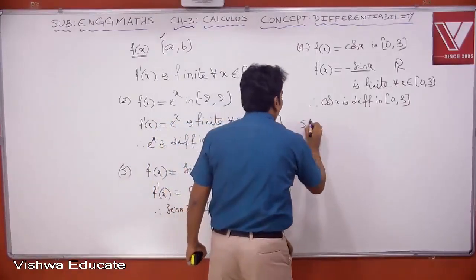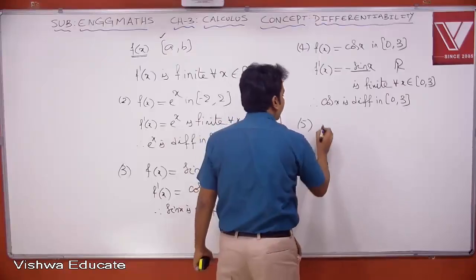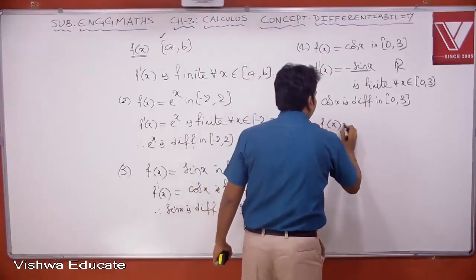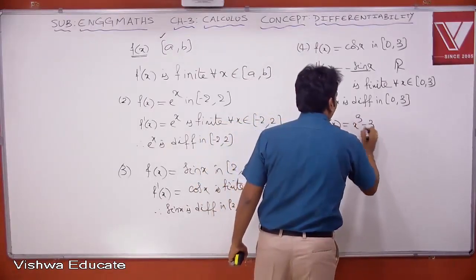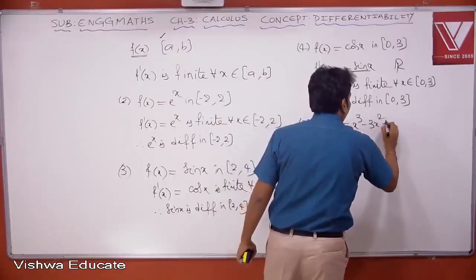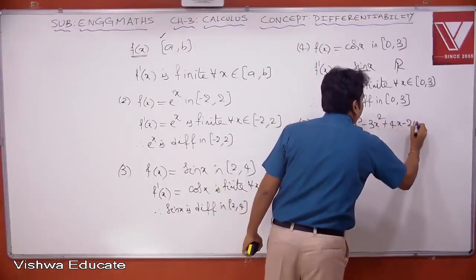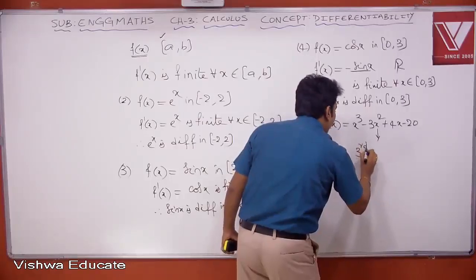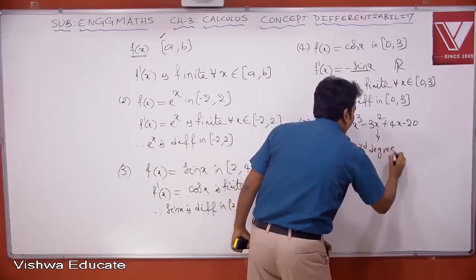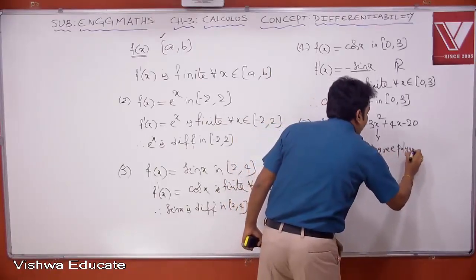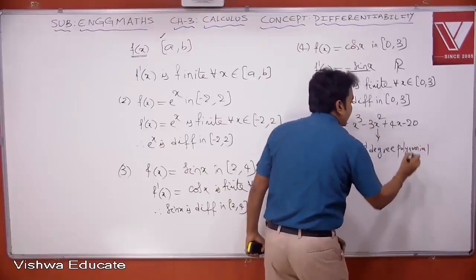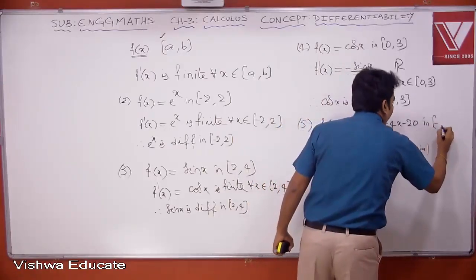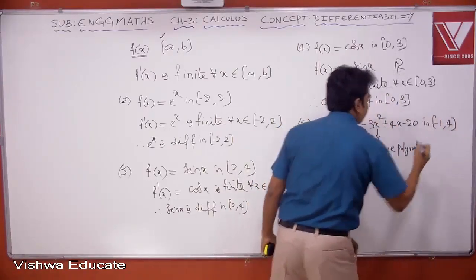Now as a last example we can take polynomial expressions. Suppose I take f of x equal to x cube minus 3x square plus 4x minus 20. This is a third degree polynomial expression. Now let us consider this function in the domain closed interval minus 1 comma 4.